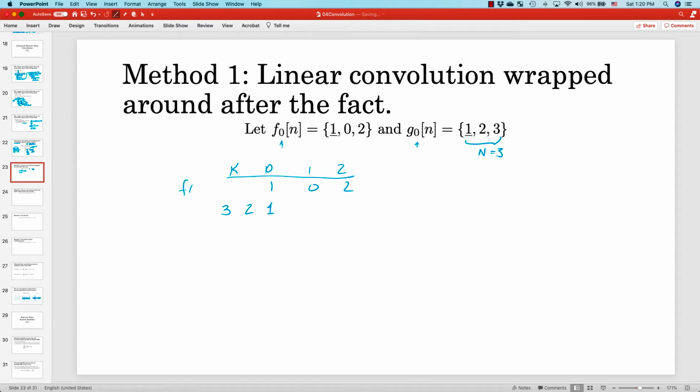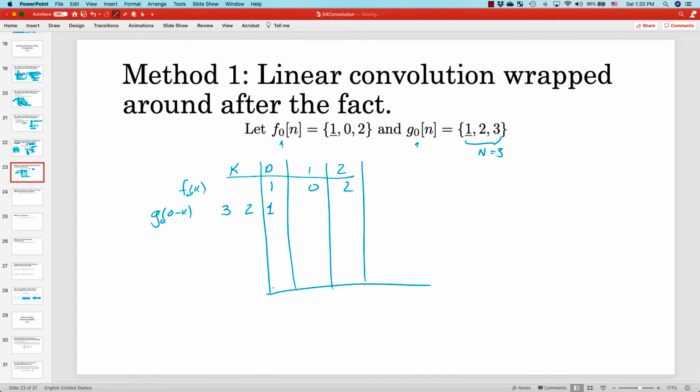So here is f of k. Here is g of 0 minus k. And let's set up the columns. And so this will be our output, y of n. Okay, so at n equals 0, we get 1 times 1 is 1.